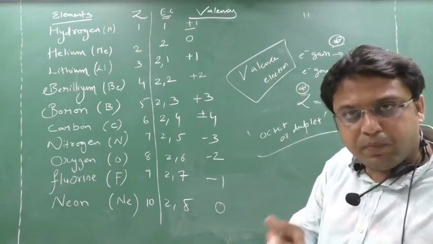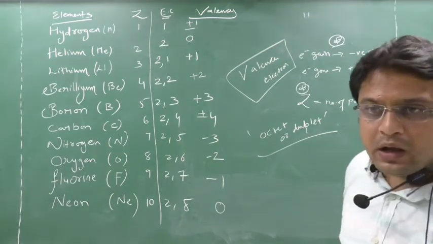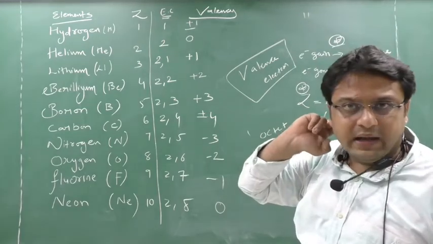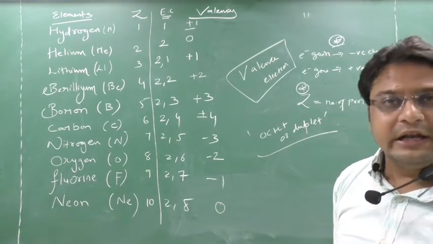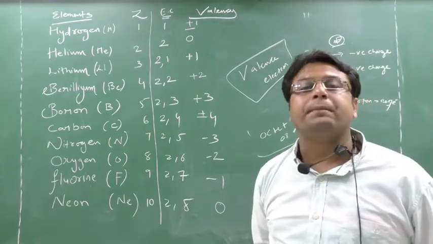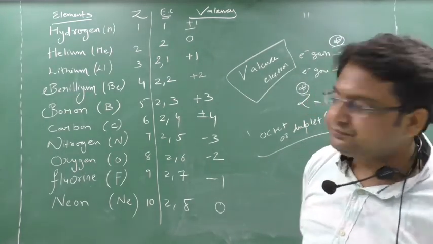Octet means 8, duplet means 2. To complete octet or duplet either by losing or by gaining. Yes or no? Either by losing or by gaining what? Electrons. Clear this part? So valency means the number of electrons required to complete an octet or duplet either by losing or by gaining.